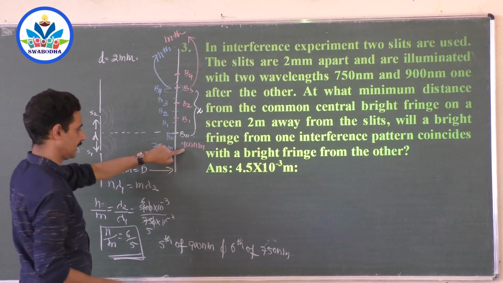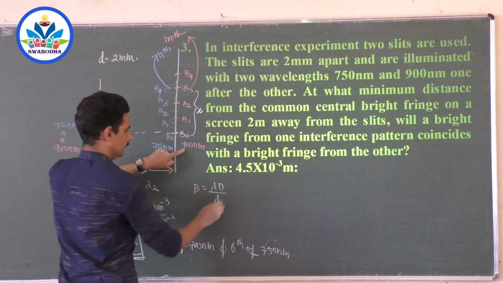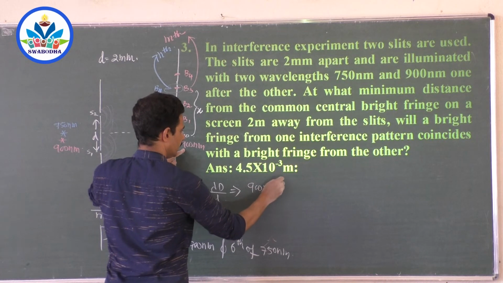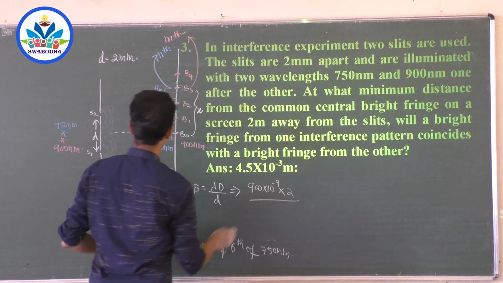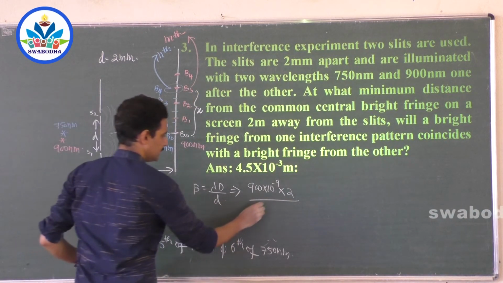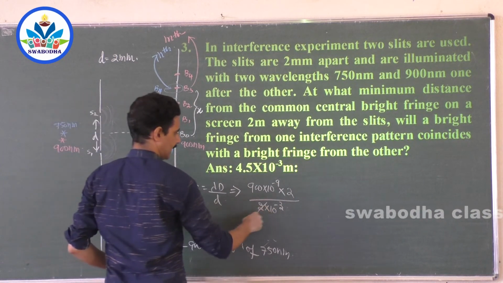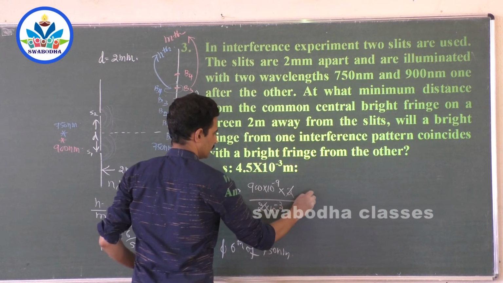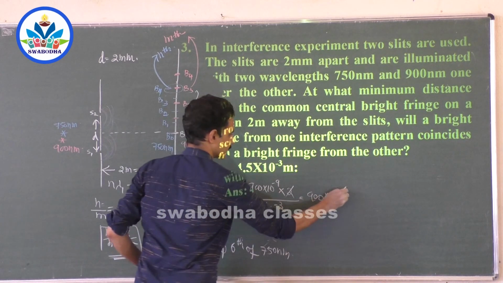If I use 900 nanometer, what is beta? Beta is equal to lambda D by d. Lambda is 900 nano, capital D is 2, small d, the slits are 2 millimeter apart. They get cancelled. So it is 900 into 10 to the power minus 6 meters.